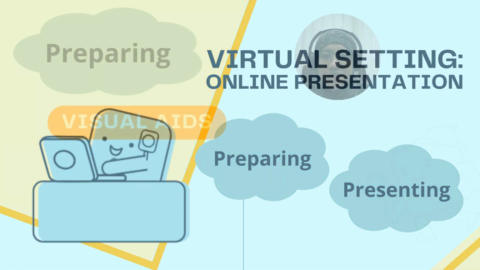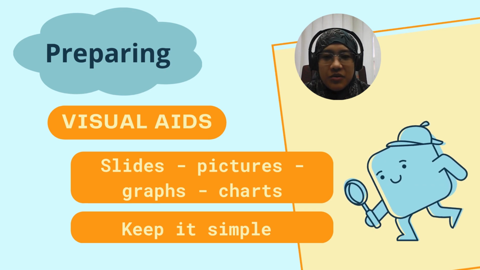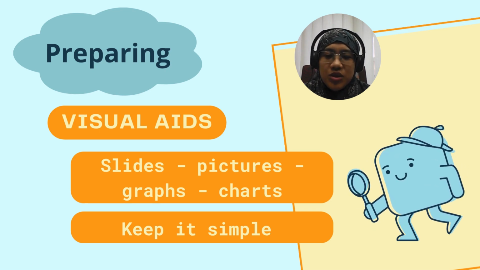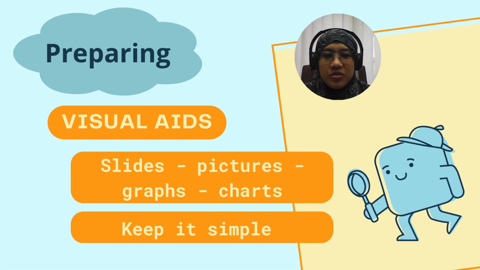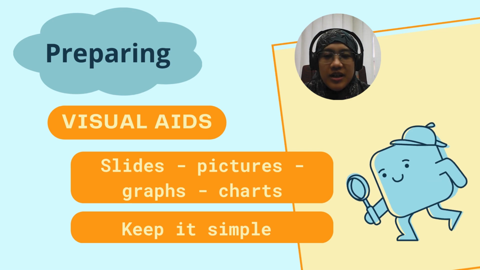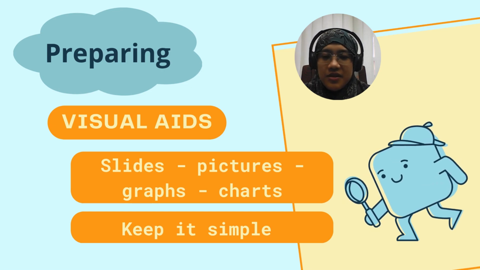The first thing that we need to do in preparing for our virtual presentations is preparing our visual aids. Visual aids are materials that support or help in our presentations. These can be slides, pictures, graphs, charts, and others.